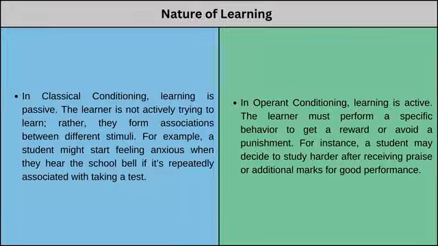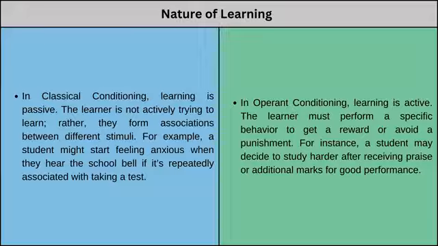The student is not trying to feel anxious. It just happens automatically as a result of the repeated associations. This is a passive form of learning where the stimulus-response association is built without deliberate action from the learner.